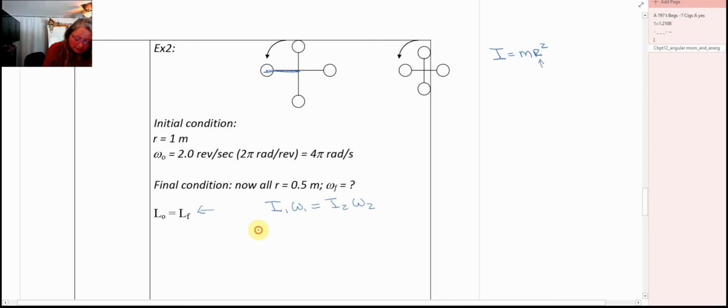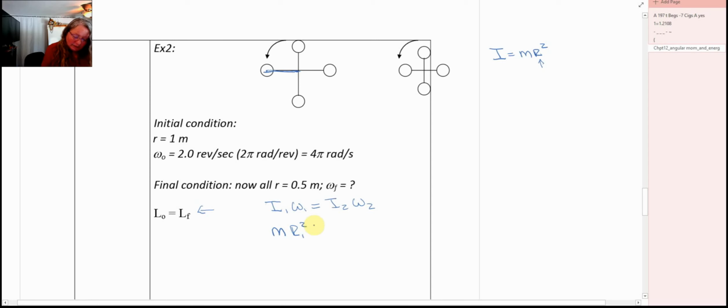So let's see, I'll have mass 1. Well, mass 1 equals mass 2 equals mass 3 equals mass 4, so I'm not going to write that down. So mass times radius 1 squared.